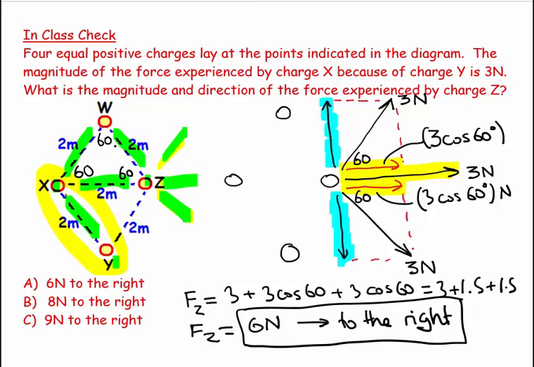The idea that if I know the force caused by one pair of charges, I can add another charge and I'll get another independent force. I can add a fourth charge, and I will get another independent force. And these forces can just be added vectorially.